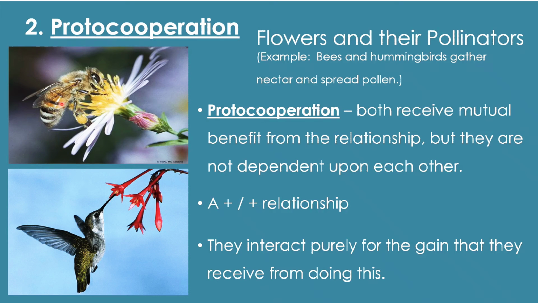Like the bee and the hummingbird, they can still get food from rotten fruits by other means, and the flowers can pollinate without these insects. But as soon as they interact with each other, they can get benefit from it. That's why they have a positive relationship. They interact purely for the gain that they receive.